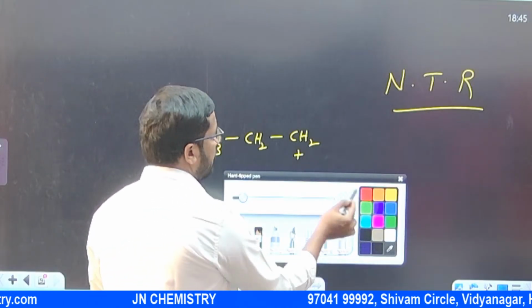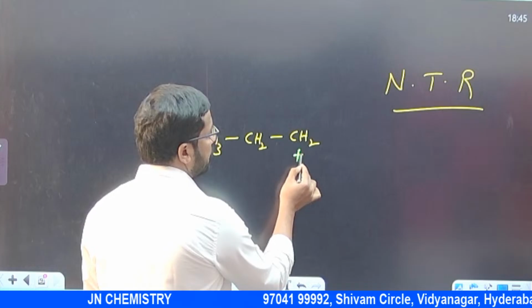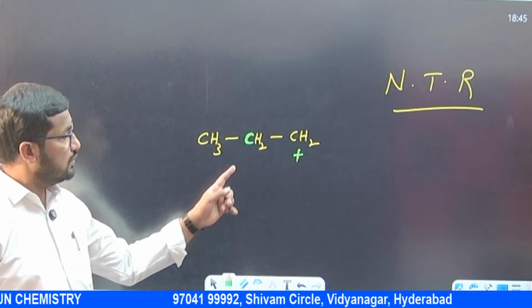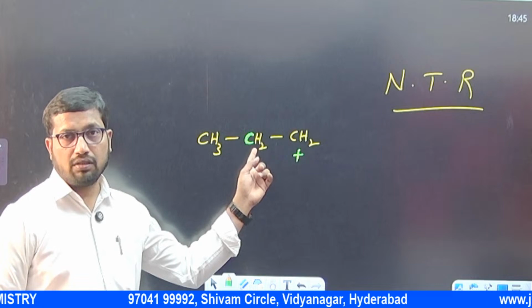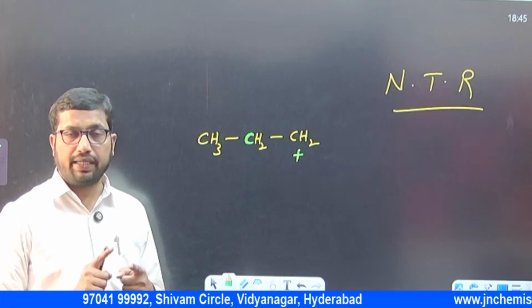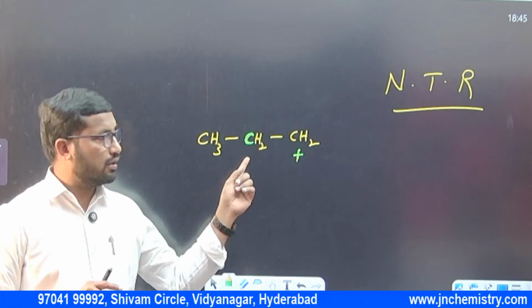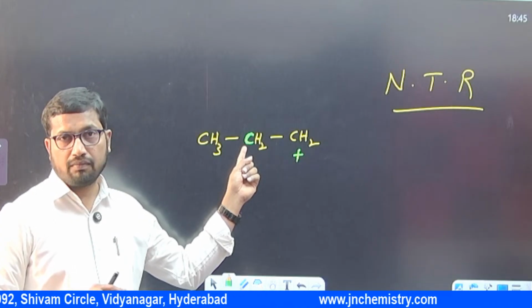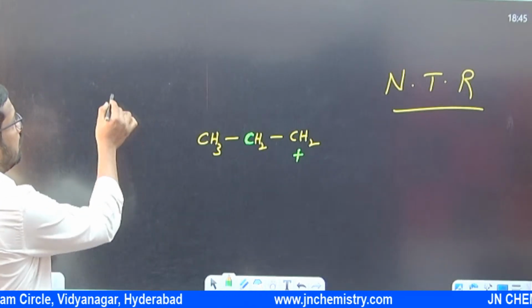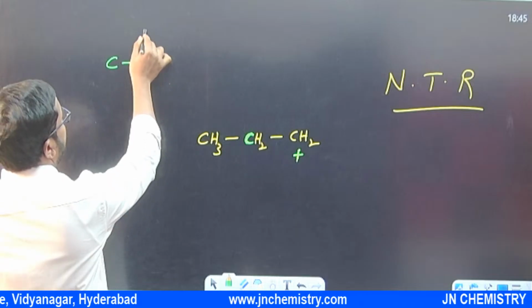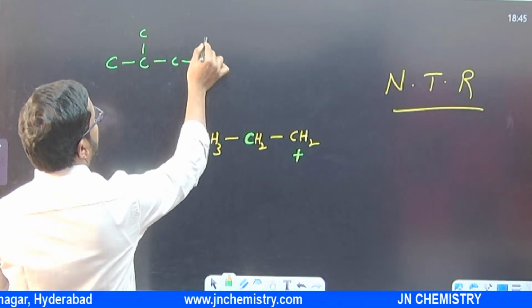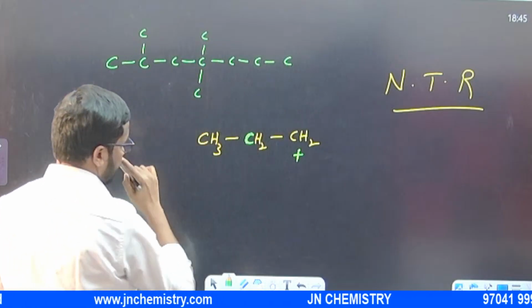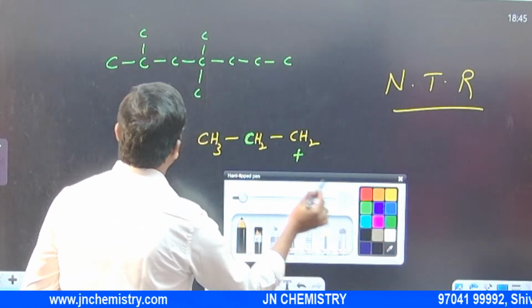So immediately the carbocation watches the adjacent carbon. This is which type of carbon? Carbons: 1 degree, 2 degree, 3 degree. This green carbon is 2 degree. The people who are confusing with the carbons, this is wrong.